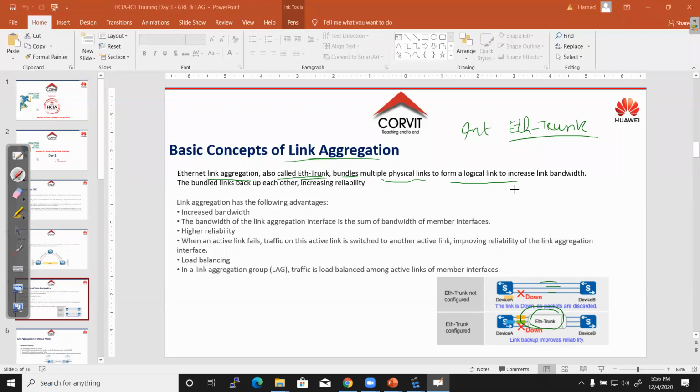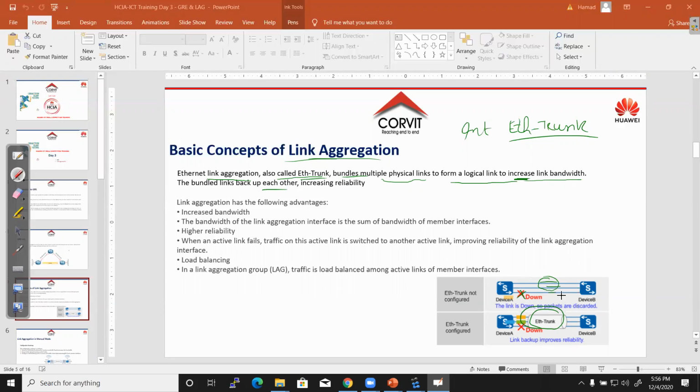And what is our purpose? We want to increase the link bandwidth. And the bundled links are backups of each other. If, for example, this link goes down, and you have created this bundle dynamically, the remaining links will still form the logical bundle.